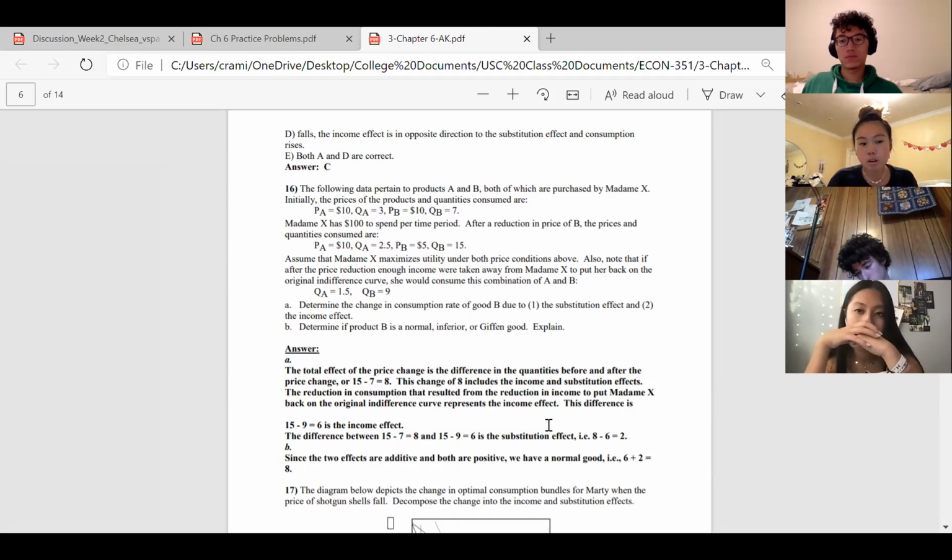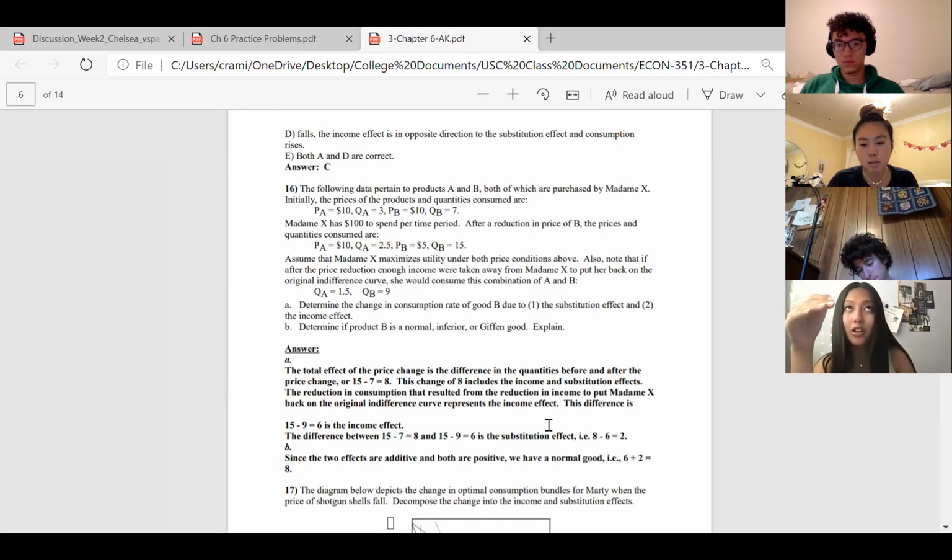But then how do you know if it's a Giffen good? You know it's a Giffen good when the income effect is greater than the substitution effect. For example, let's say the price of something increased. You would assume that if the price of a good increased, then the consumption would decrease, right?